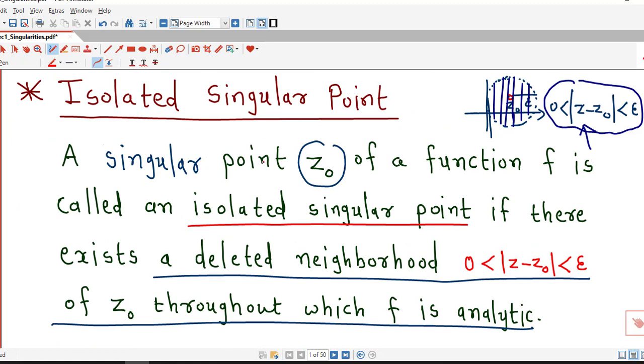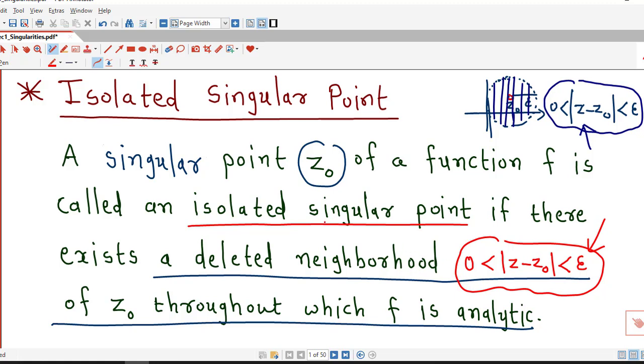So an isolated singular point is a singular point of a function f for which there exists a deleted neighborhood given by 0 less than absolute value of z minus z0 less than epsilon, such that our function is analytic throughout this deleted neighborhood.